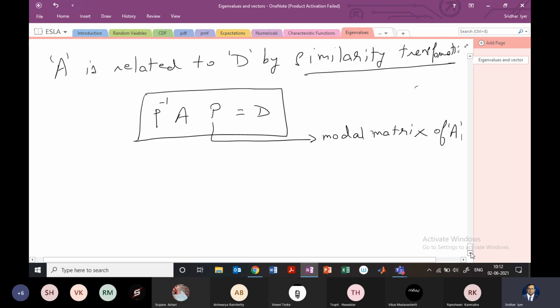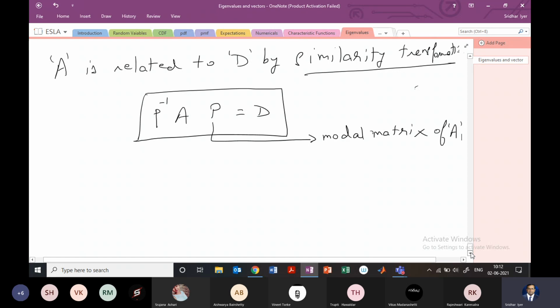I'm just reading out the important steps. The modal matrix P is formed by grouping eigenvectors: we need to find the eigenvectors of A first, and then put them in a square matrix. We'll see this in the numerical.